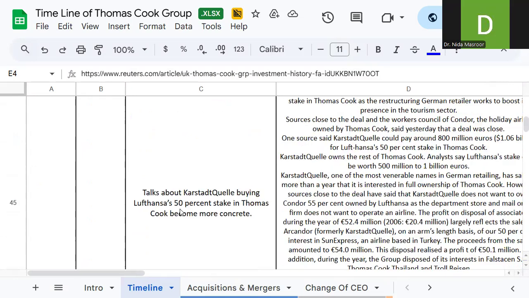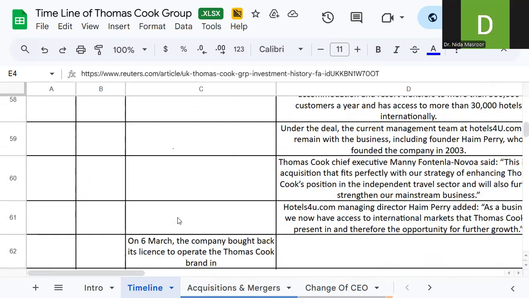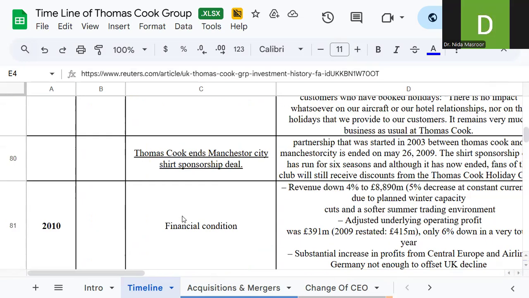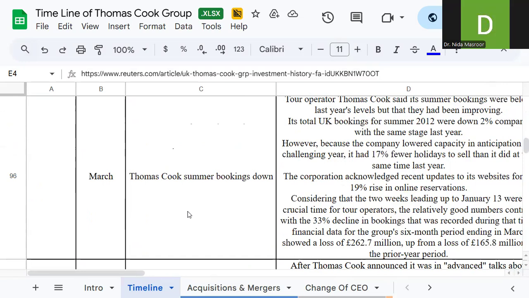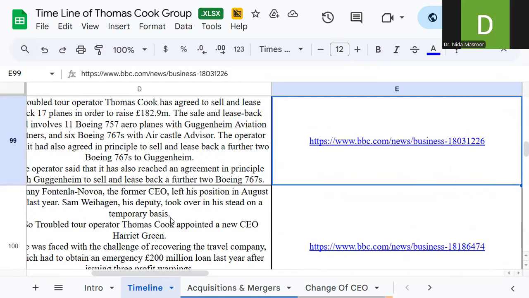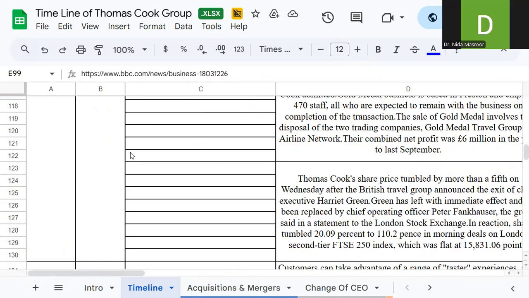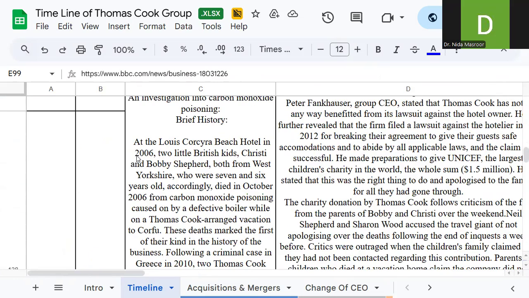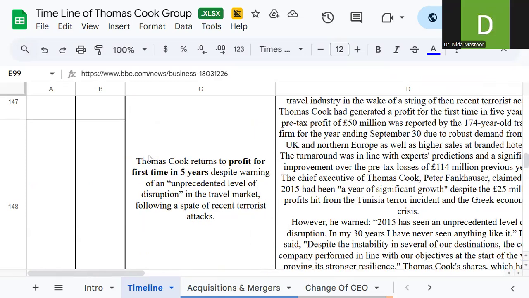2006, 2007, multiple events during different eras, 2007, 2008, and finally 2019 is there.